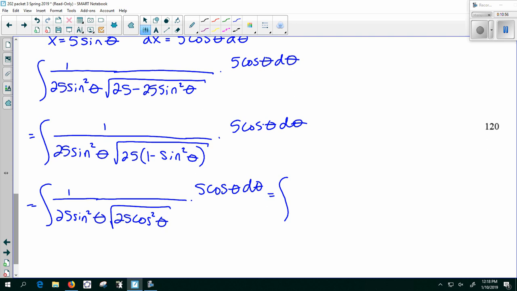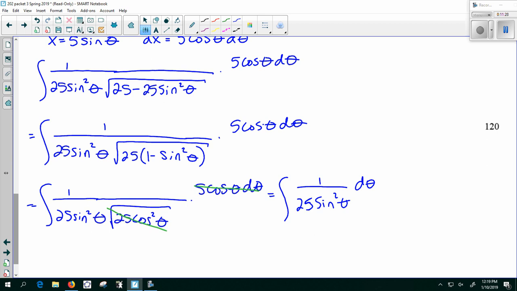I'm going to take this square root now. That becomes 5 cosine theta, which is going to cancel with the 5 cosine theta in the numerator. So this becomes 1 over 25 sine squared theta d theta.